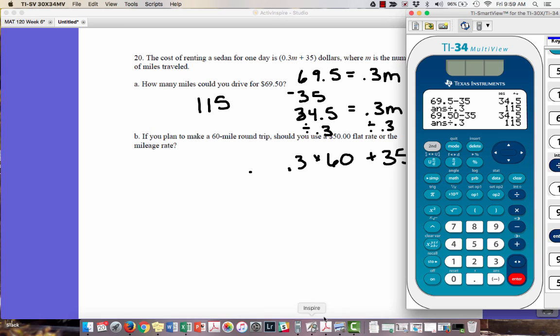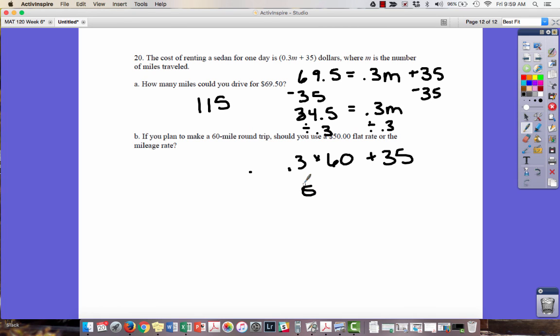So on my calculator, I would just type in 0.3 times 60, add in my 35, and I get $53. So the mileage rate's $53. So I would say a flat rate because you save $3. Not a huge difference, but I mean, it's amazing how that can add up over time. So the flat rate, once you're saving money, you're probably better off doing that.